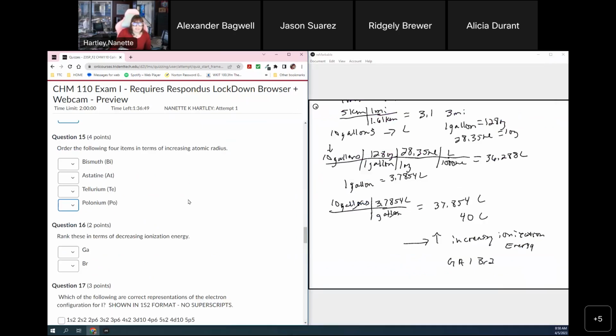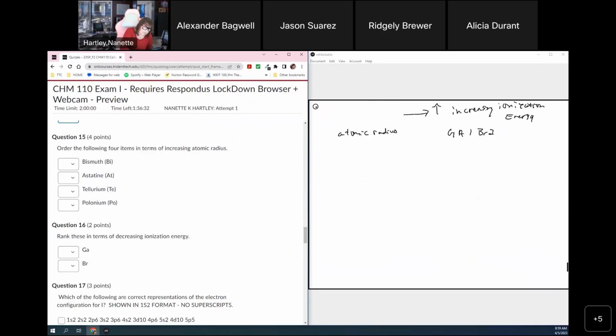When we talk about increasing atomic radius, that's one that's a little bit weird. Remember that as we go across a period, it gets smaller, while it gets bigger going down.